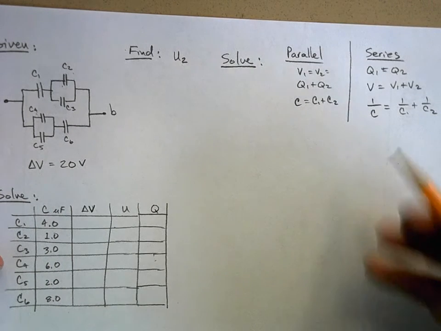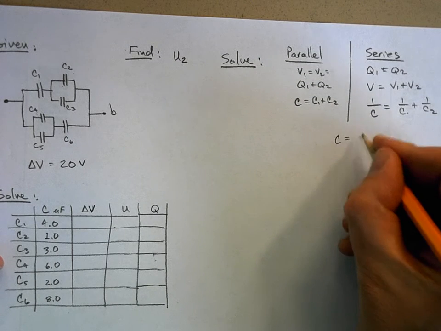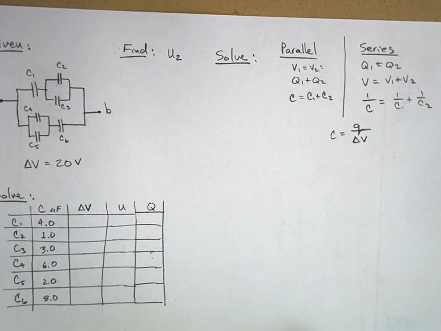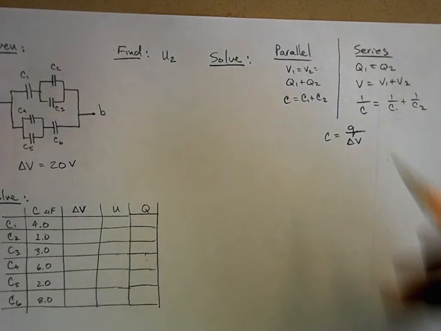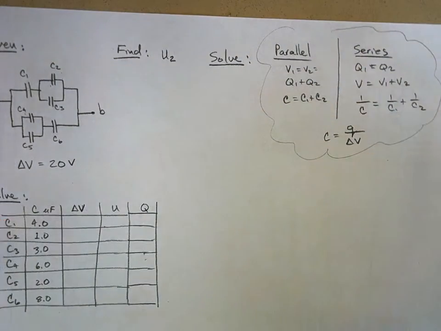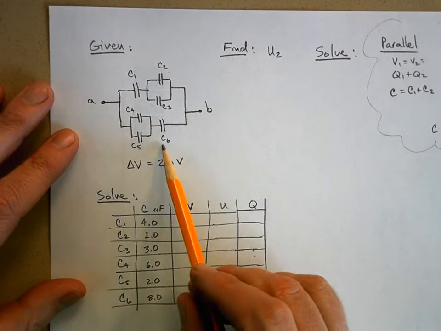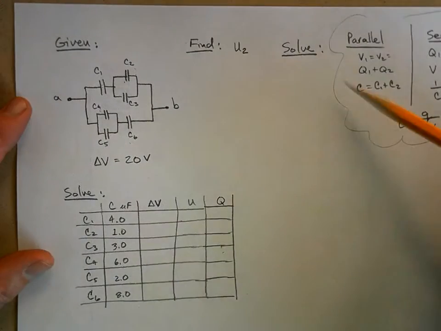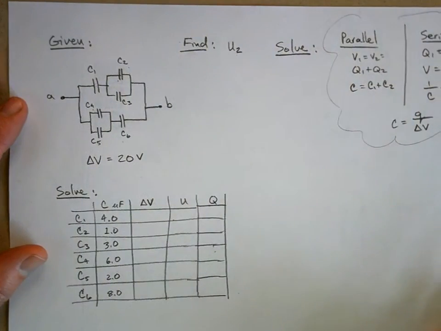And then, of course, we know that capacitance is equal to the charge divided by the voltage across that capacitor. So knowing these facts about capacitors, we can solve this guy right here. And that's what I'm going to do. I'm going to be using these little facts to solve this circuit.